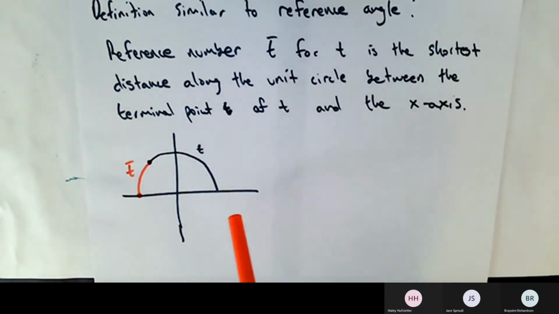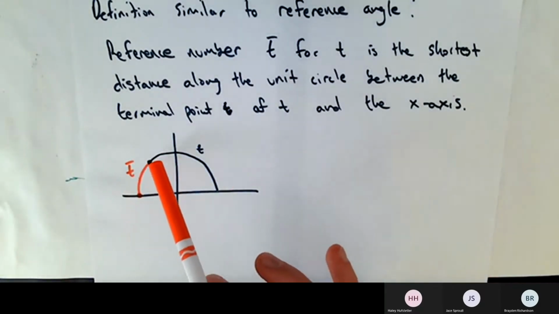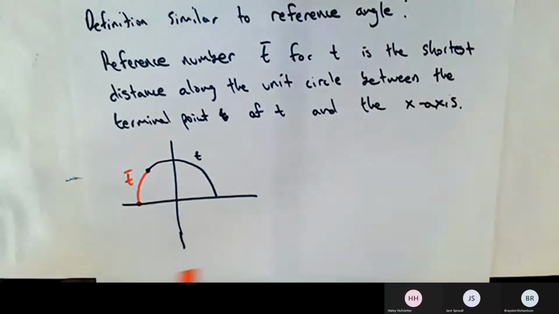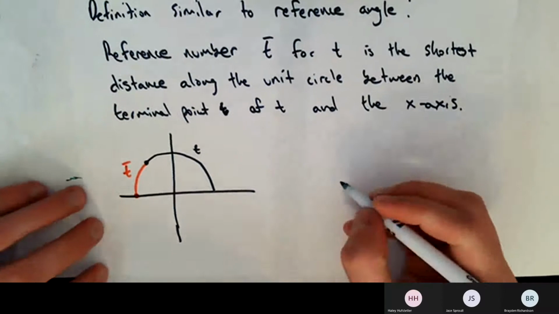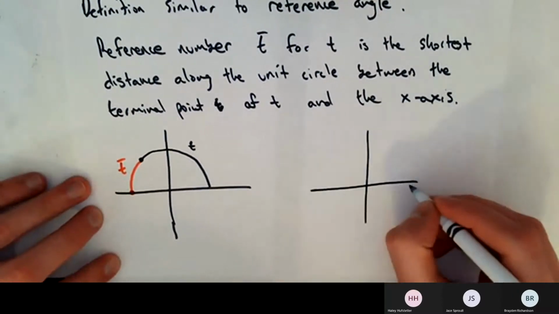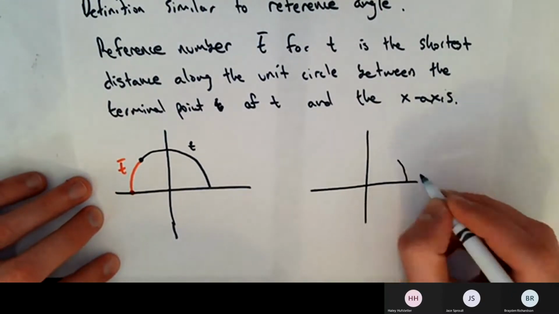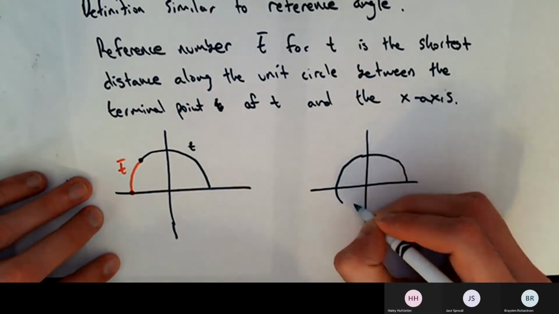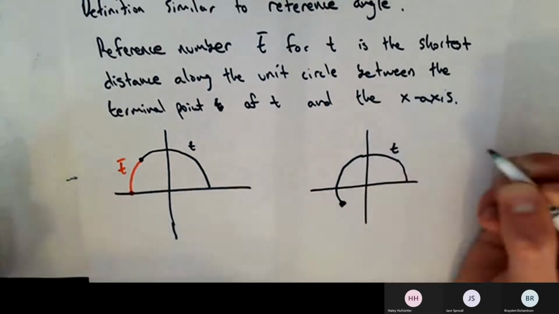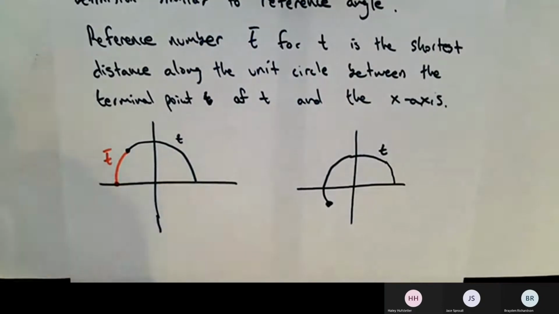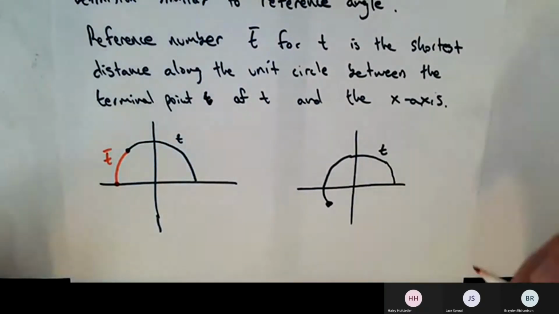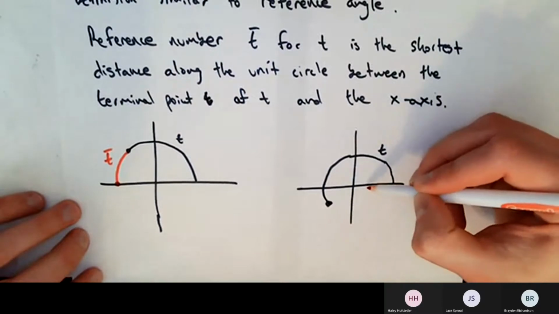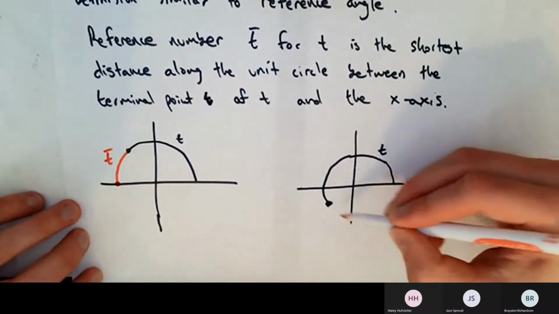So it's just like reference angles. If your angle is positive and you end up in the second quadrant, then your reference number should complete that arc. If it ends up in the third quadrant, remember how there were different rules for each quadrant, and we said it's really not best to just memorize them, but to understand it instead. So if this is t all the way in the third quadrant, I'm supposed to go along the unit circle from the terminal point of t back to the x-axis, so it has to follow the arc.